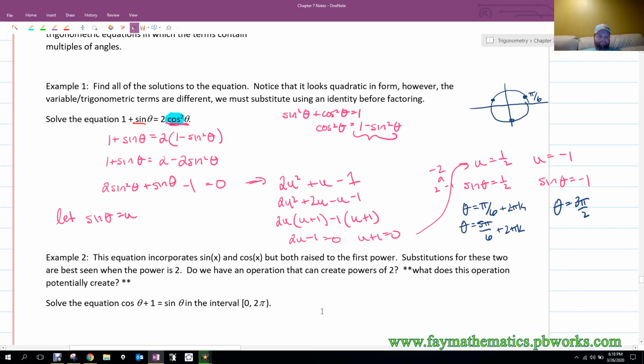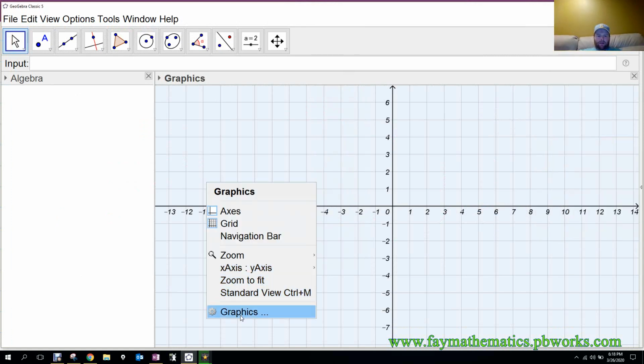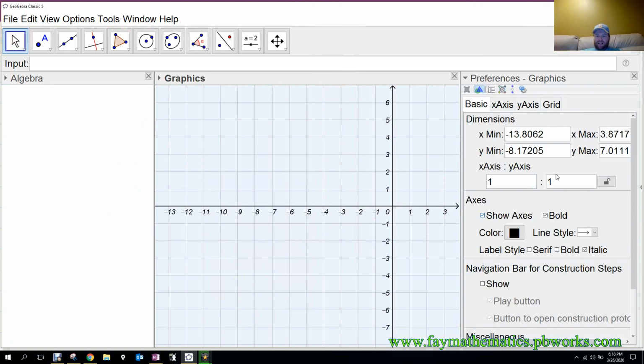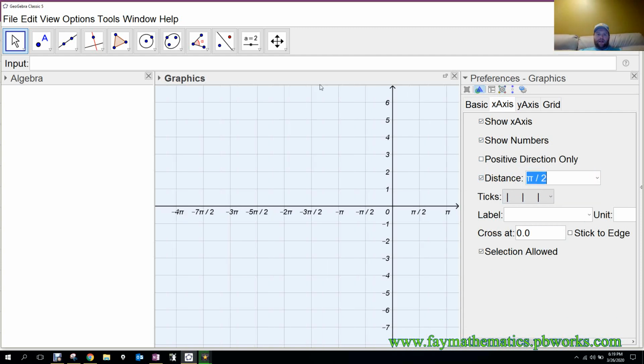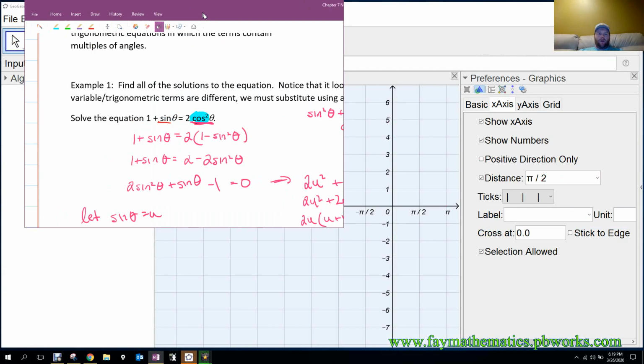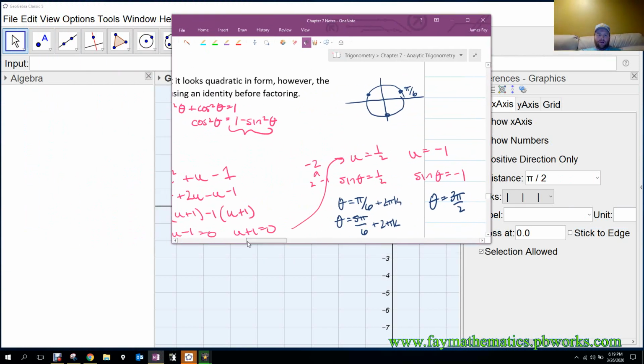If we remember the concept that no matter what equation you have, as long as you take the left-hand side and let it be a function, take the right-hand side, let it be a function, where they cross, as an x value, is the solution to that equation.